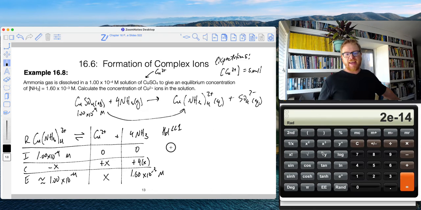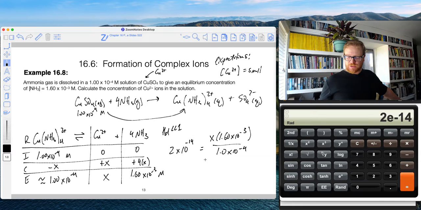So I'll remind you, my Kd value we calculated to one significant digit was 2 times 10 to the minus 14. And now that's going to equal my ammonia concentration, which I already know, times my copper concentration divided by this concentration. So I can now simply say that's going to be x times 1.60 times 10 to the minus 3, all divided by 1.0 times 10 to the minus 4.